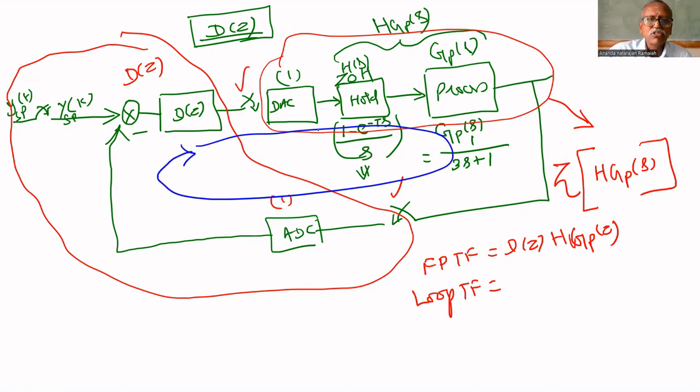If you consider the closed path, what is there? D of Z, HGP of Z, multiplied by this is 1, this is 1, this is 1.